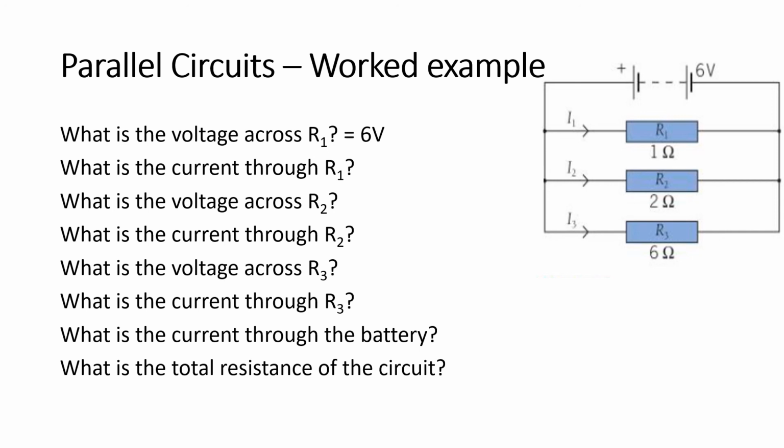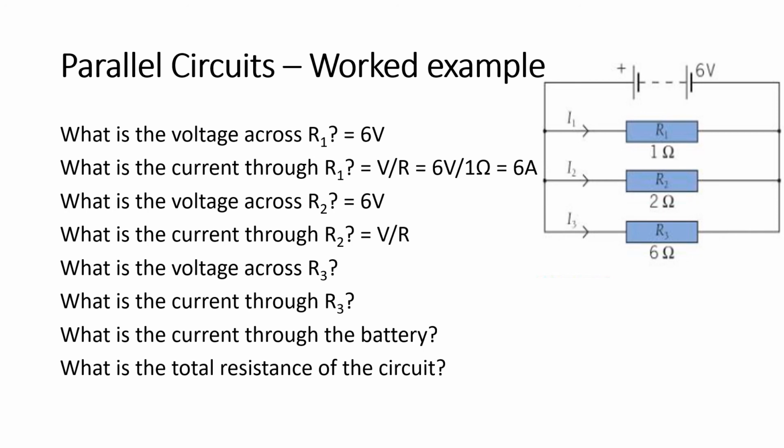To work out the current through R1, we have the voltage and the resistance, so all we do is divide the voltage by the resistance. So we divide 6 volts by 1 ohm, which gives us 6 amps. We can do something similar for R2.